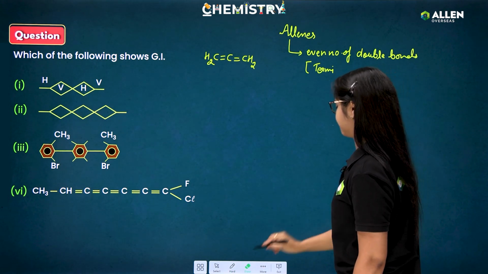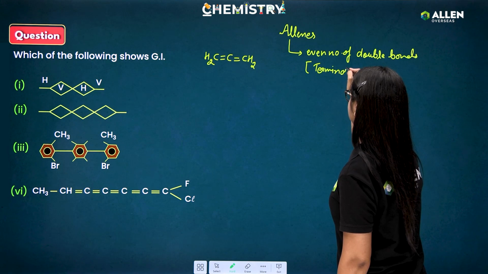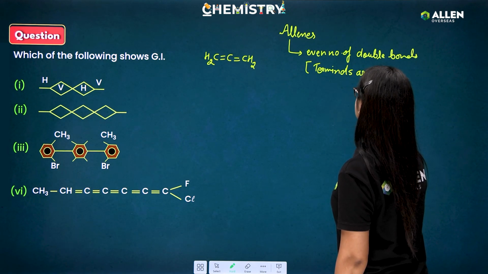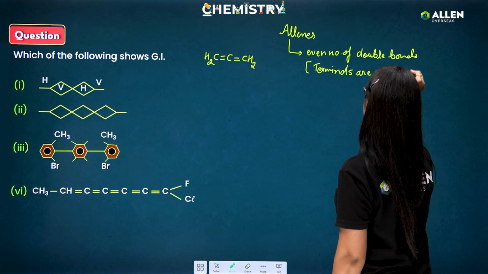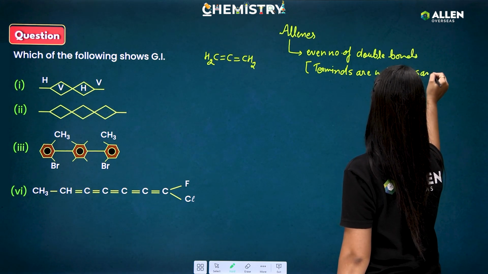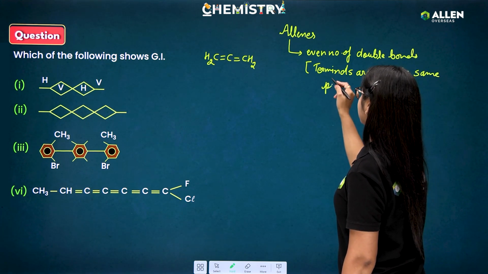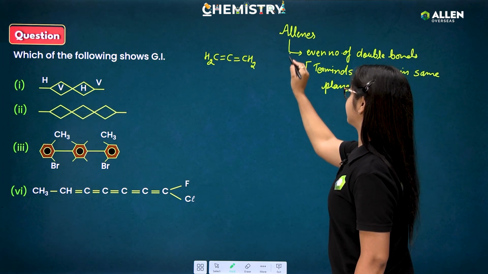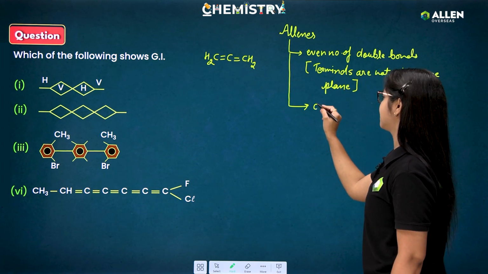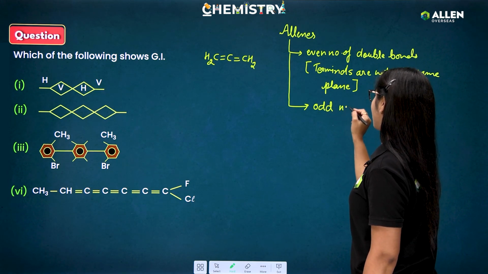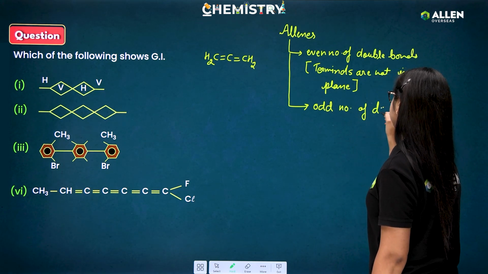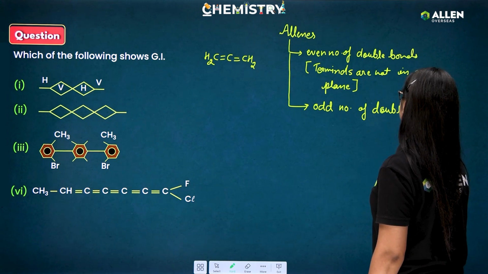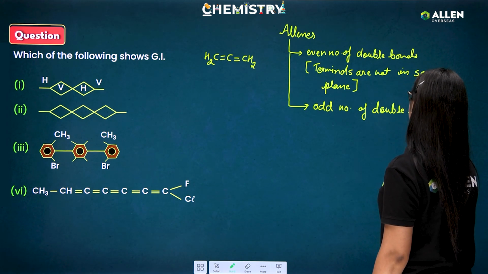And the other case is when allenes have an odd number of double bonds.